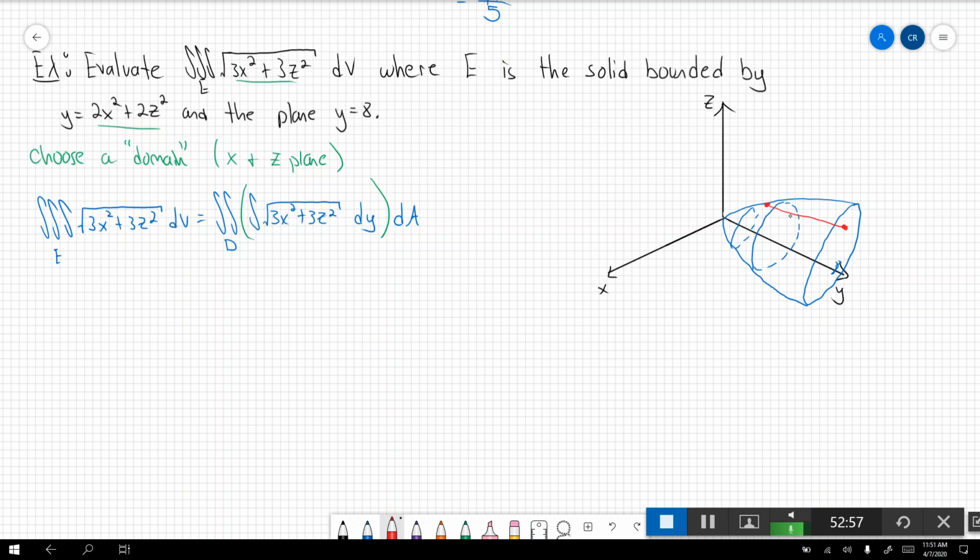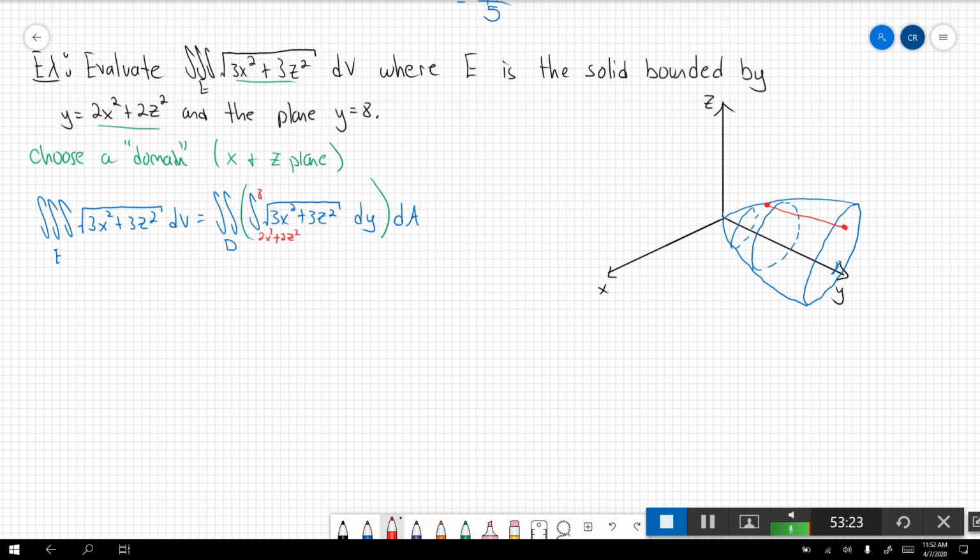So what height do those y values go through? Well, if you notice the bottom part, that's the paraboloid, but the top part, that's just 8. In other words, it's the plane. So my y values extend from 2x squared plus 2y squared all the way up to 8.